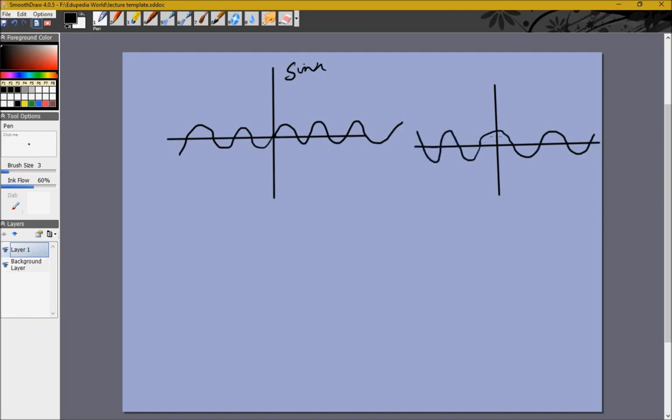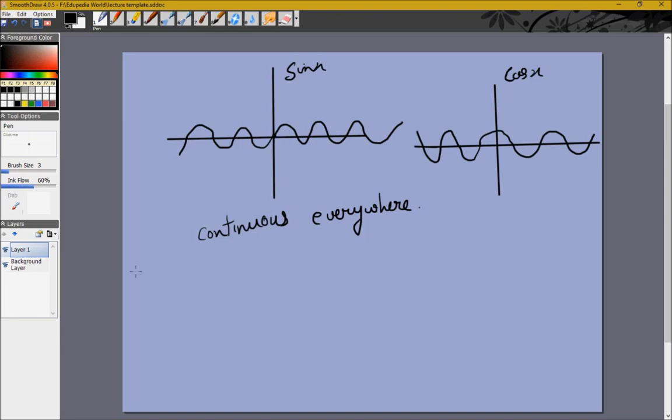And we can see just from the graph that sin x and cos x both are continuous everywhere, right, because we can just draw this curve to infinity without lifting the pen from the paper. So they are both continuous everywhere.